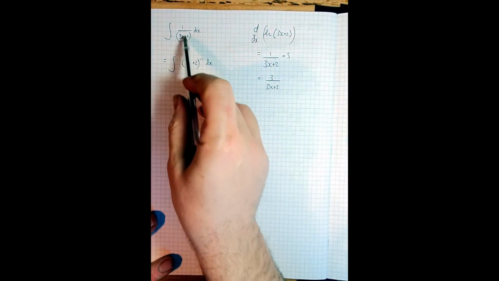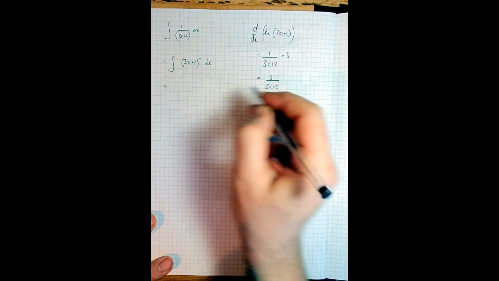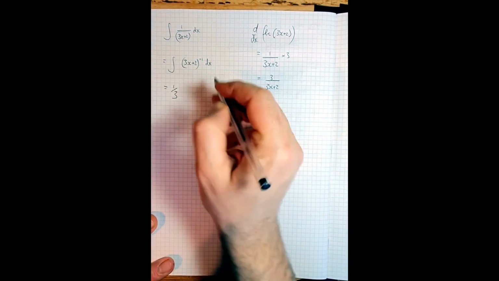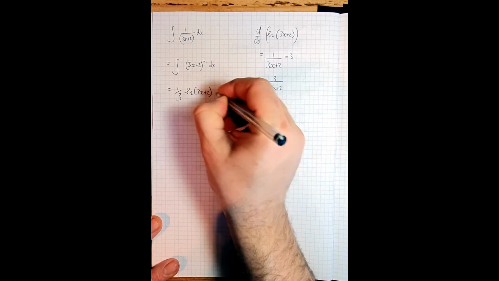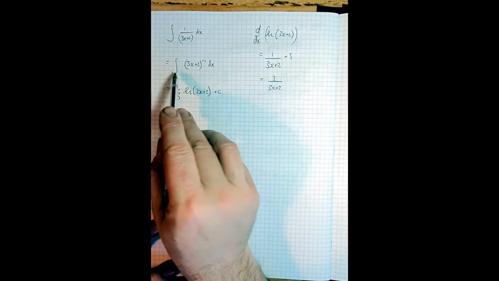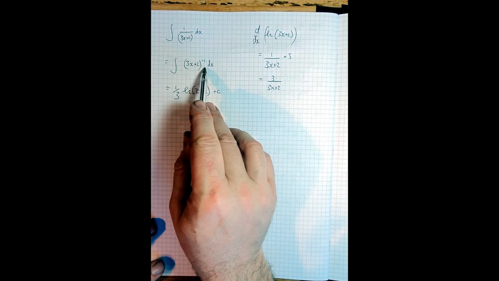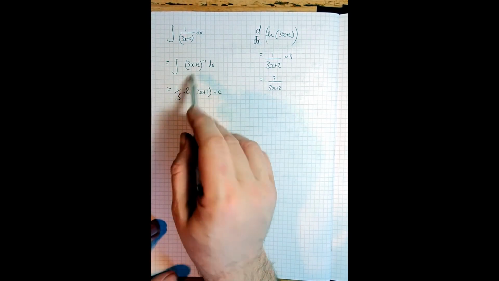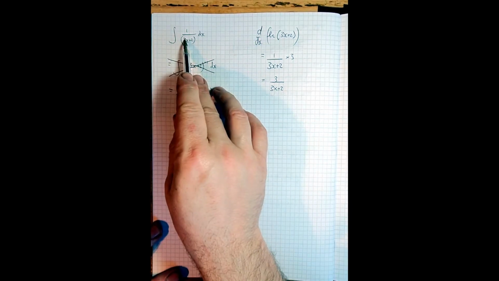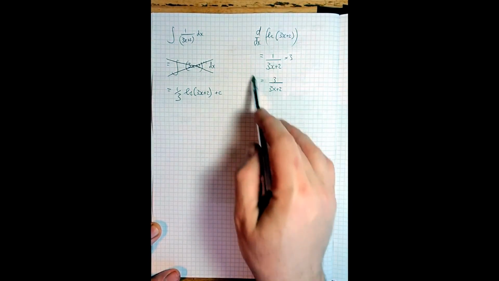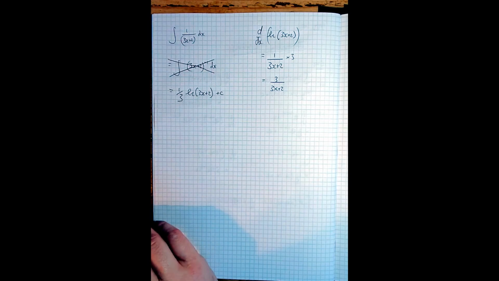Well, this is 3 times too big, so it's got to be a third of log 3x plus 2. Writing the earlier line was really just to demonstrate that this is not an increase the power and divide by the new power case, so we really don't need that line in our solution. We go straight from there, recognise it's a log, try differentiating, and then fix it with a constant.